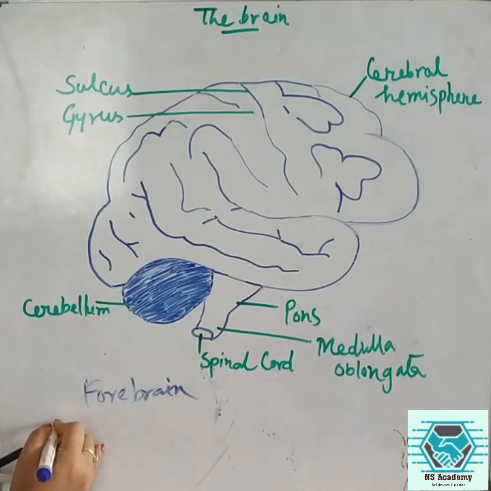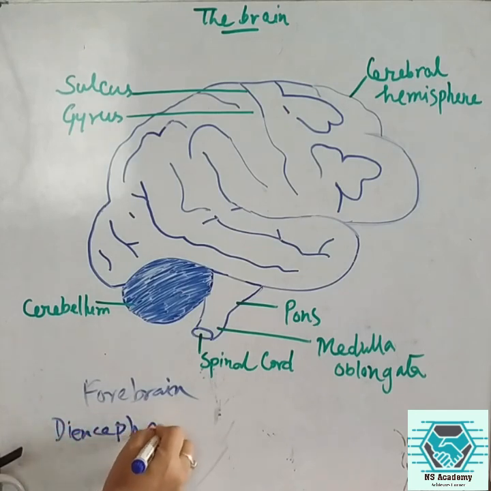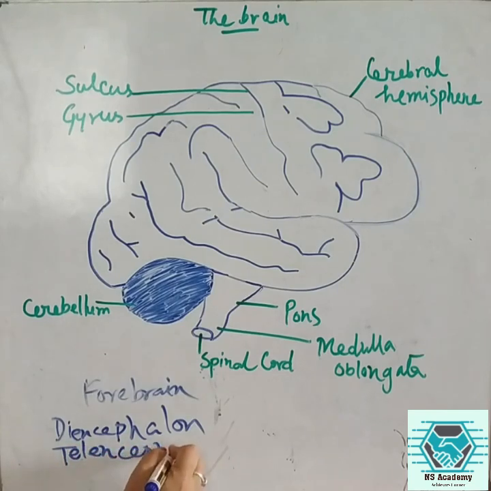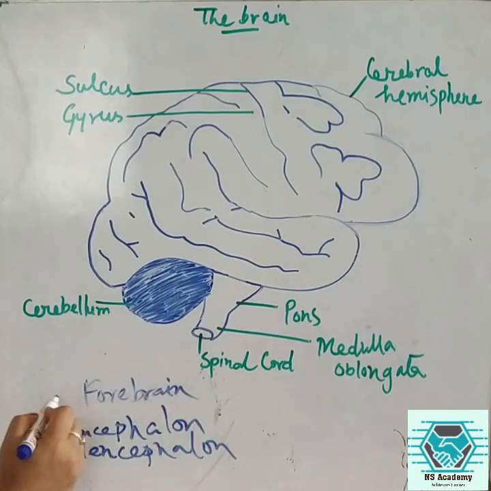So in the forebrain there is diencephalon and telencephalon. So the telencephalon actually is also known as cerebral hemisphere.